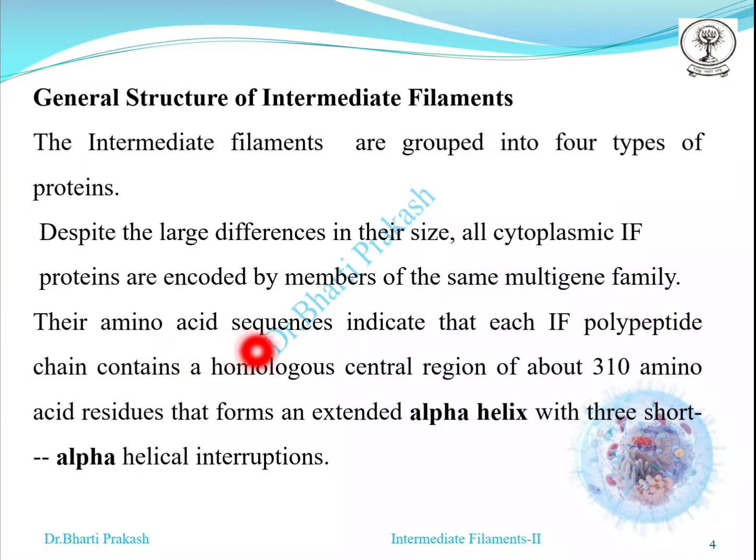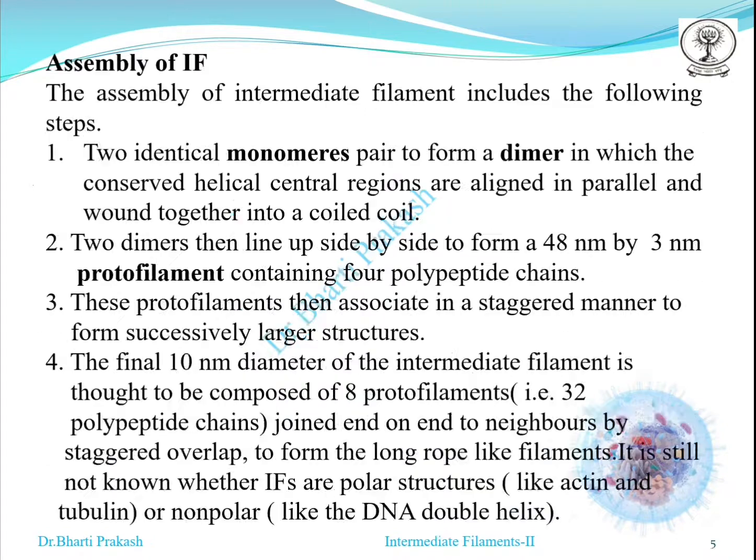Their amino acid sequences indicate that each IF polypeptide chain contains a homologous central region of about 310 amino acid residues that forms an extended alpha helix with 3 short alpha helical interruptions.